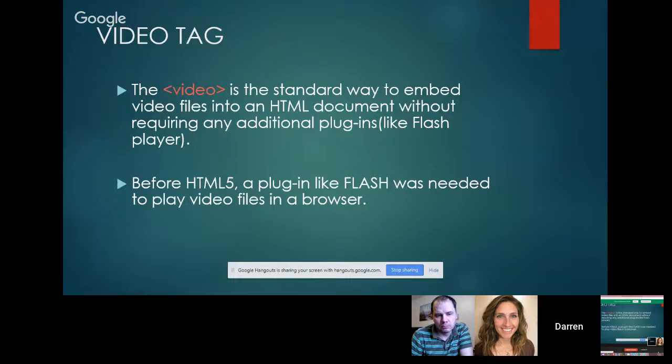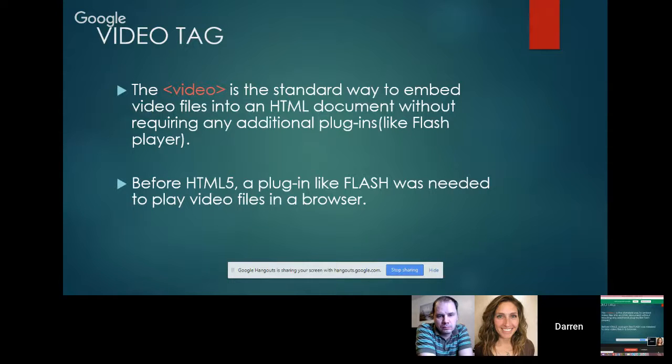All right, we'll go on to video now. The video tag is the standard way to embed files into an HTML document as well. Again, this is just like the audio tags, where before HTML5, you needed a Flash plugin in order to play video files.